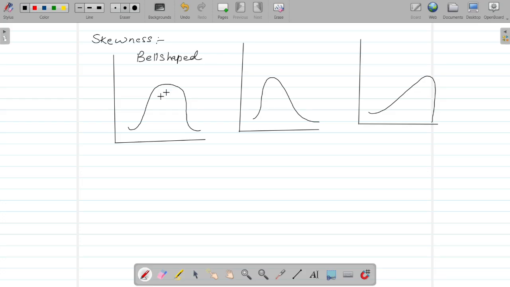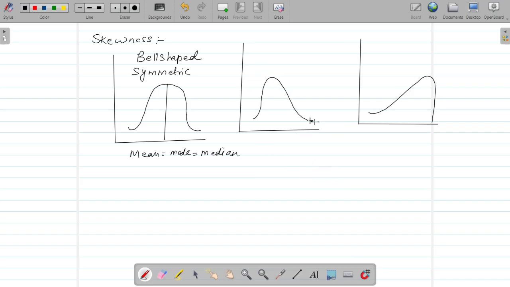So this kind of curve we call symmetric, right? So in the symmetric curve, we have mean, mode, and median approximately or exactly the same value.